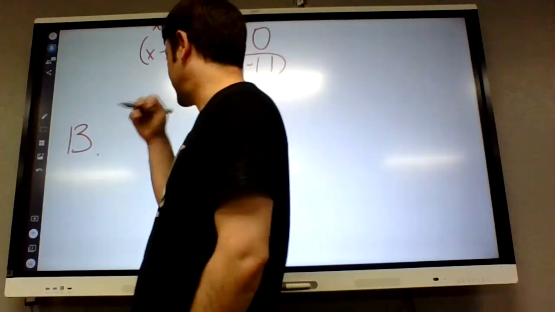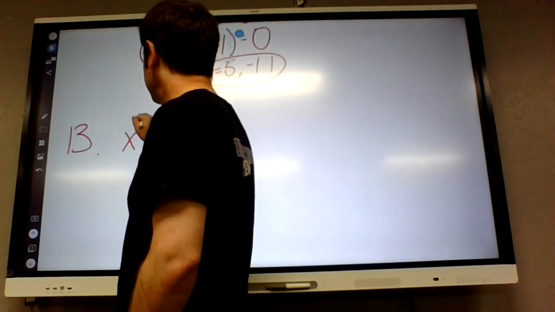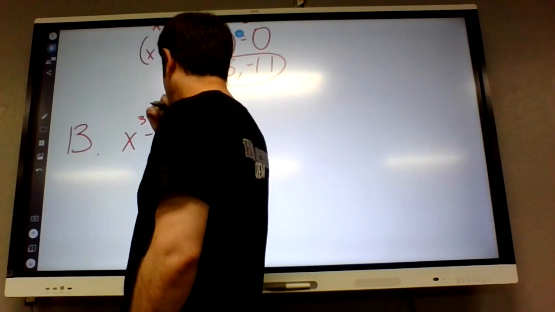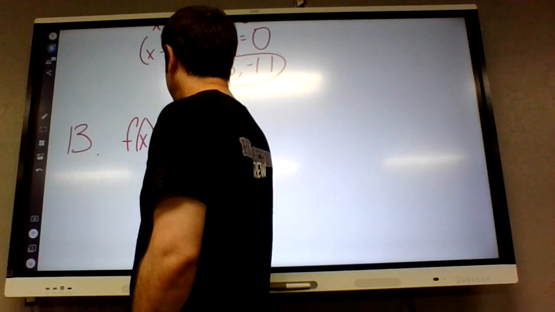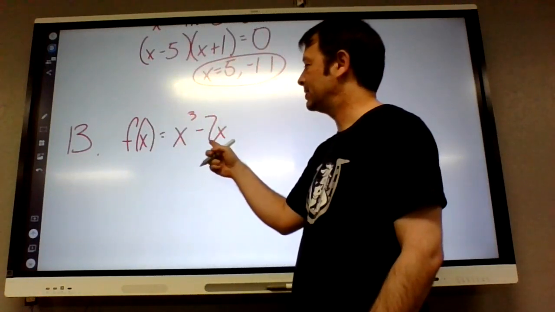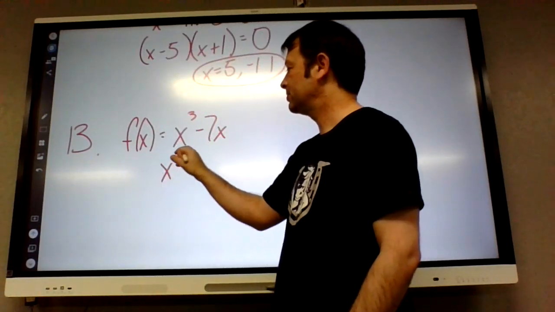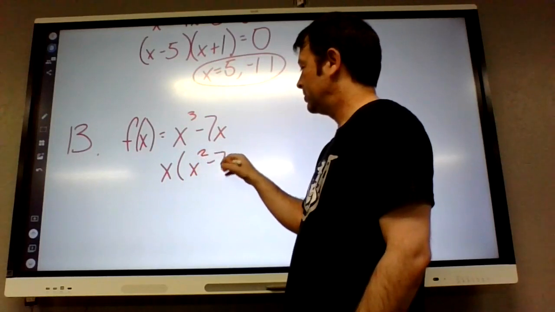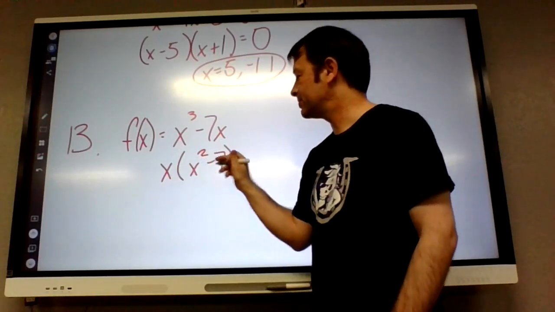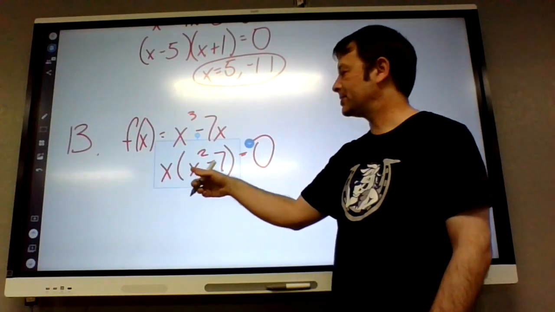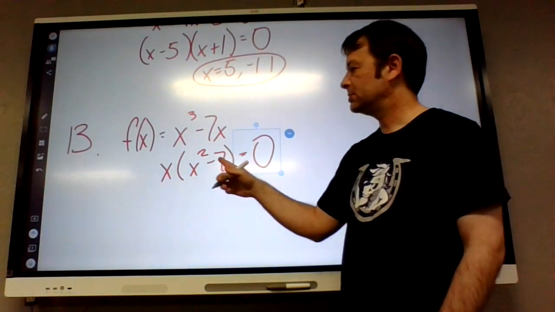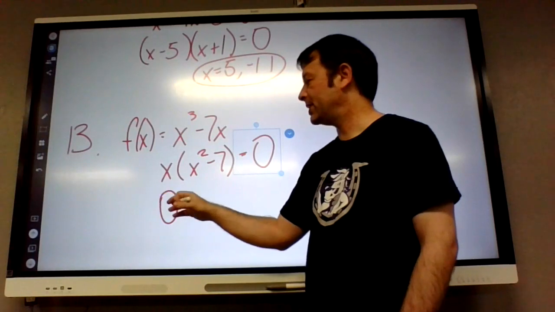X cubed minus 7x. Well, okay, this one actually does factor for the first answer. Because what can we do on 13? Take an x out. Now, if we take an x out, what value for x will make this equal 0? 0. So 0 is one of the answers.